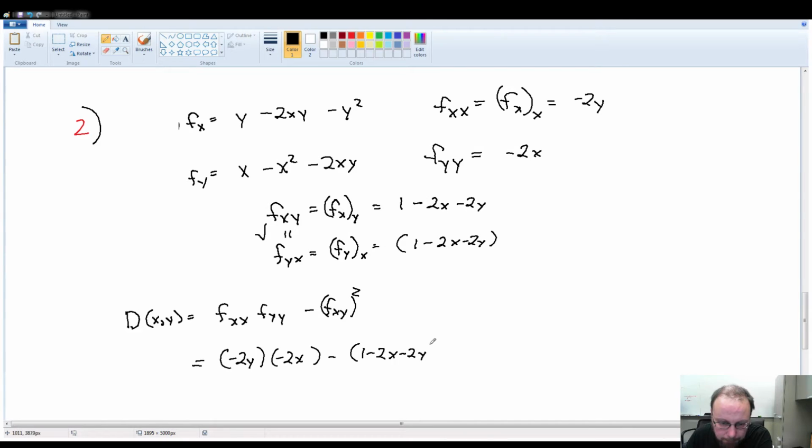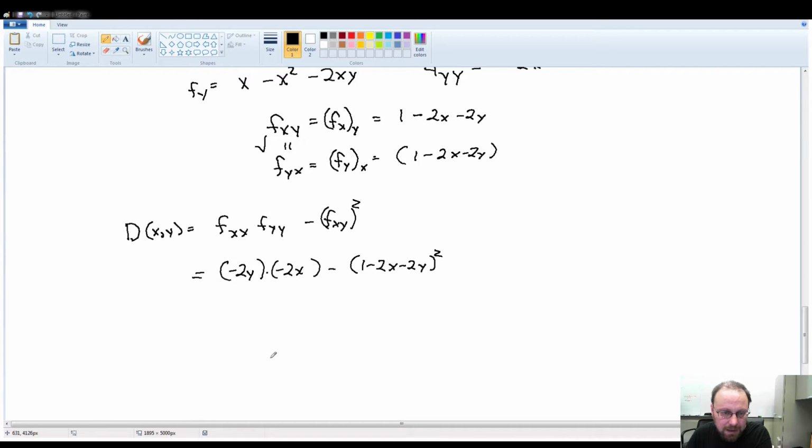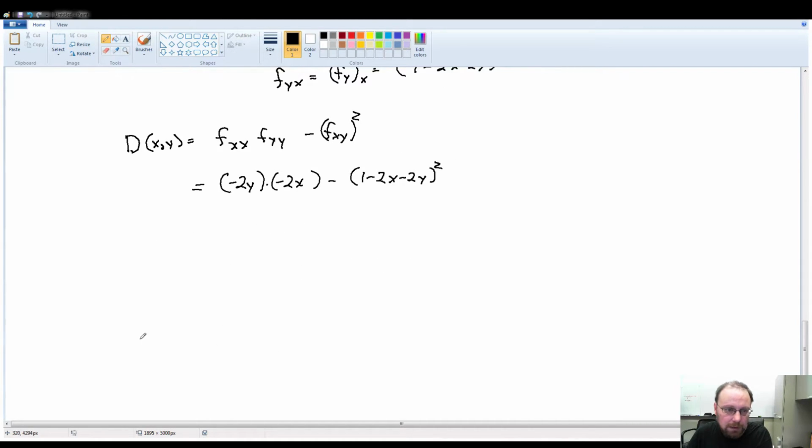Okay, so we're going to need to now test each of our 4 critical points in this determinant. But what makes this rather quick is that we're worried not about the actual value of the determinant, but rather its sign, right? So I like to use this table just to be organized for y'all.